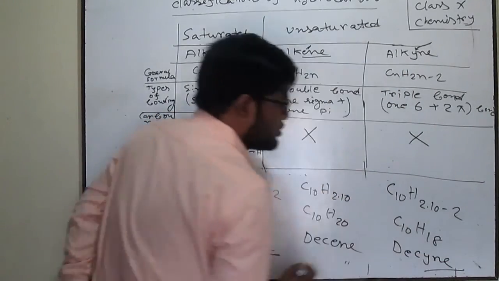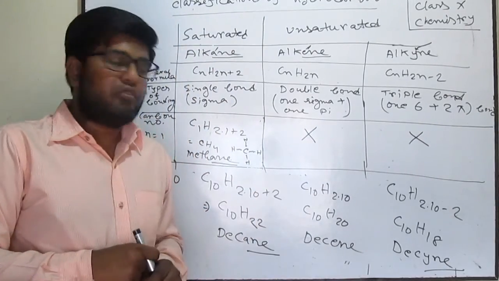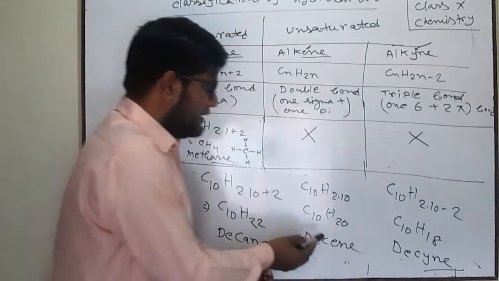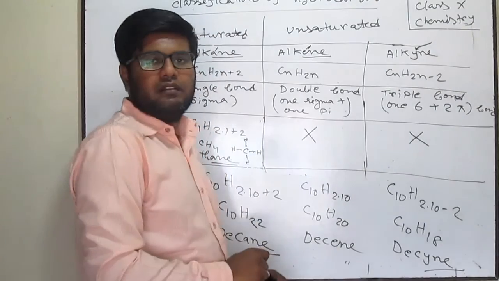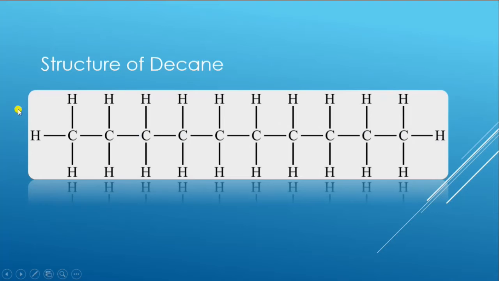So your homework is to write the structure of decene and decyne. Here, in any place in between two carbon atoms, you can write a double bond. That should be the structure of decene, and in case of decyne, in between any two carbon atoms, you can write a triple bond.